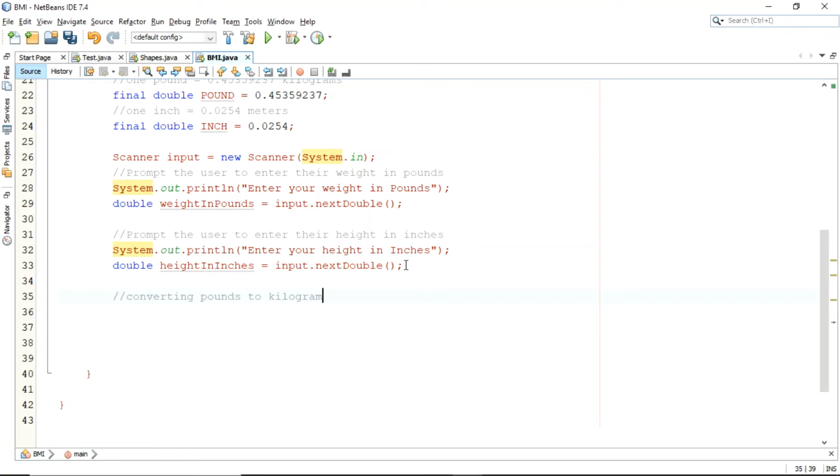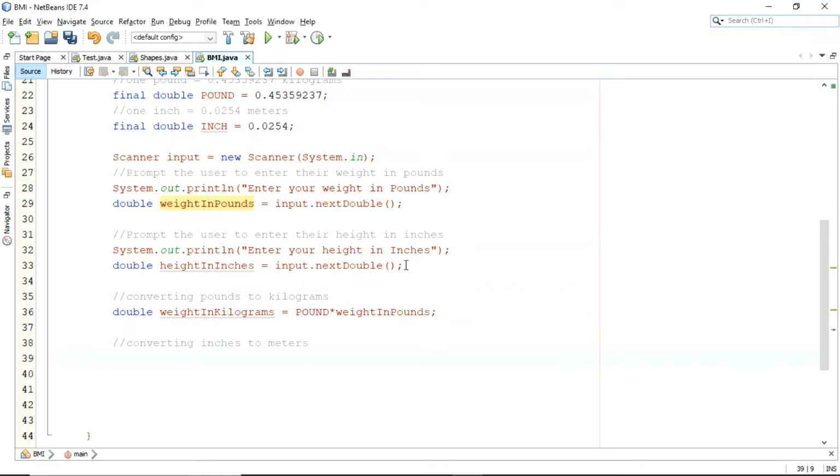So that should give us weight in kilograms, and then we can as well convert inches to meters.